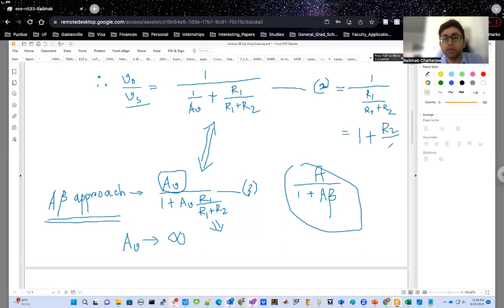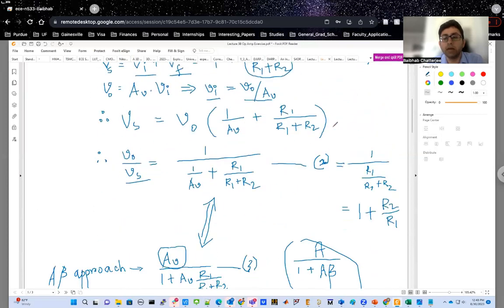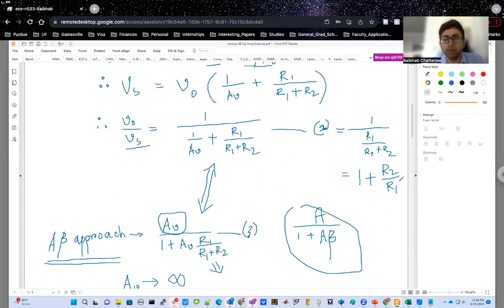And this is called a non-inverting amplifier configuration, where the gain is 1 plus R2 over R1. As you see, you have this op-amp where you're providing the input to the positive terminal, and you're taking the output from the third terminal here, while the negative terminal is connected to the feedback. So this is called a non-inverting op-amp configuration, because the gain is a positive quantity.